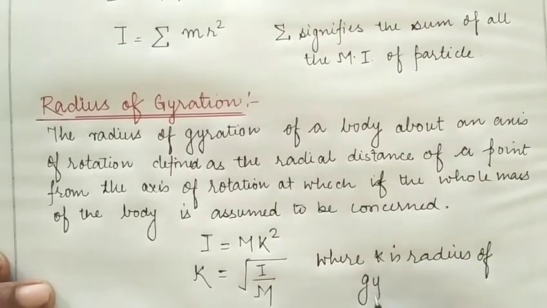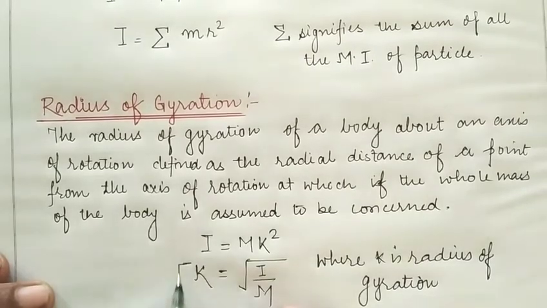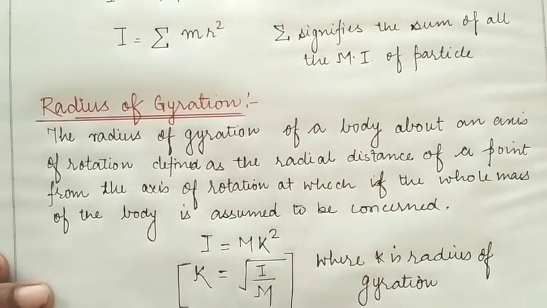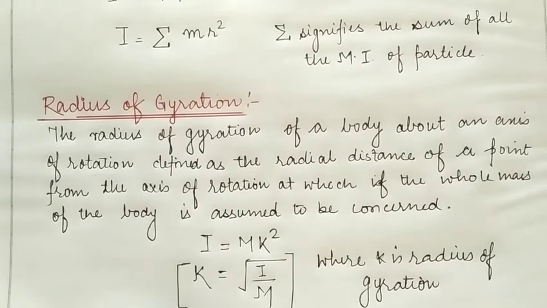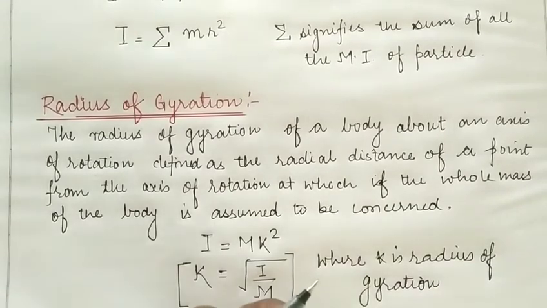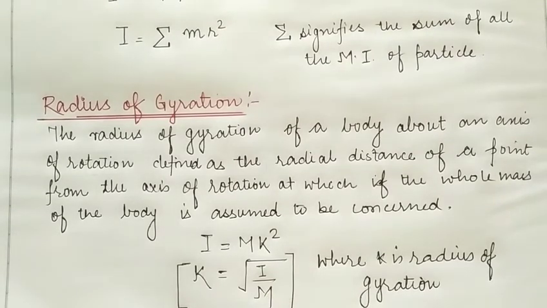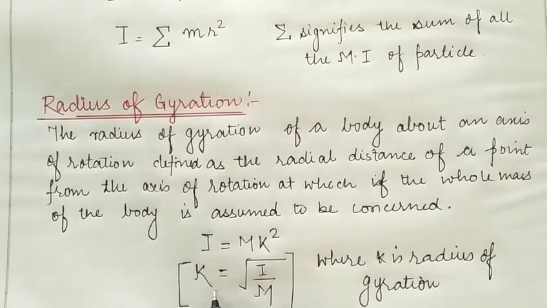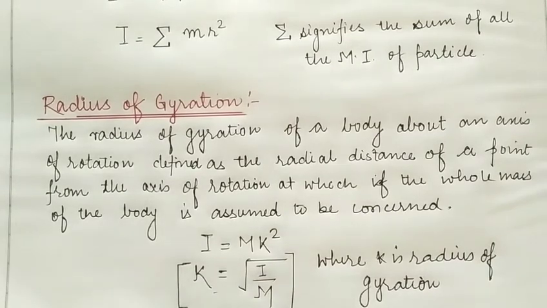Students, how can we define the radius of gyration in simple words? It is the radial distance from the axis of rotation where the total mass of the body is assumed to be concentrated. So in rotational motion, the radius of gyration equals the square root of I by M. What is the physical significance?